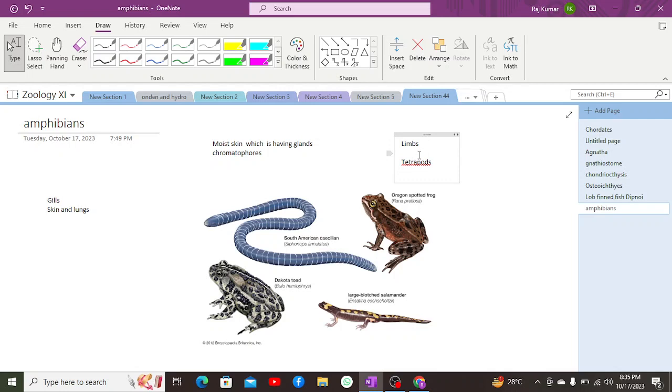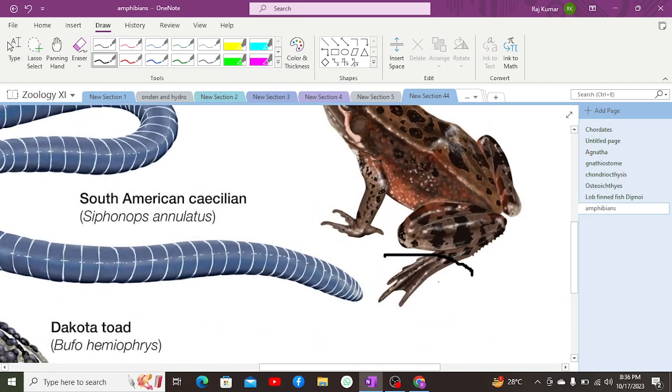Apart from this, their forelimbs are pentadactyl, which means these are having finger-like structures present inside their limbs. For suppose, as you can see in this diagram, there are several finger-like or toe-like extensions, which can be analogous with human toes.